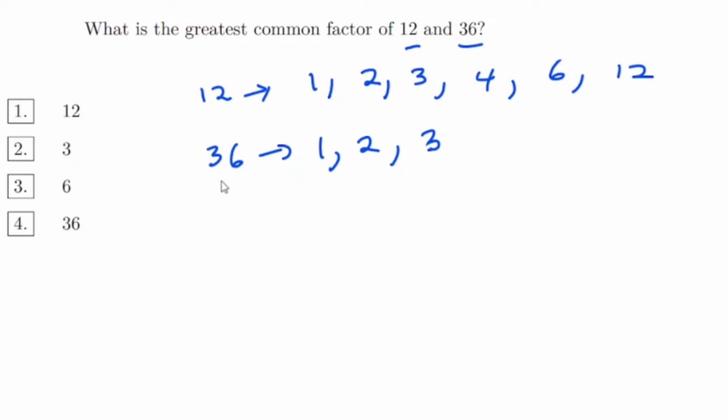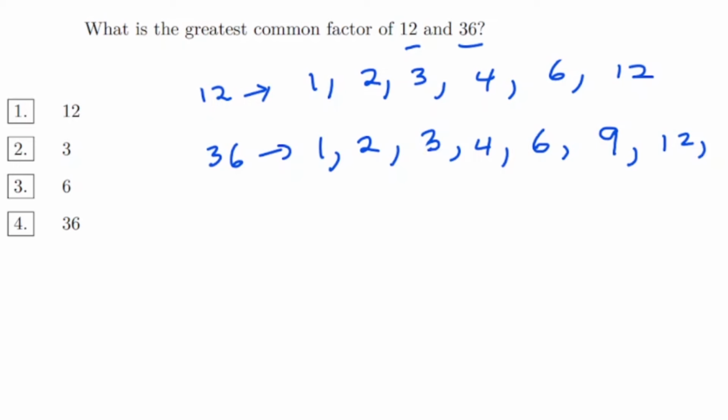Well, we have to figure out if 4 is a factor of 36. Well, 4 goes into 36, so 4 is a factor of 36, and then 6 is a factor. 7, 8 is not a factor. 9 will be a factor of 36. And then 12 will be a factor of 36.